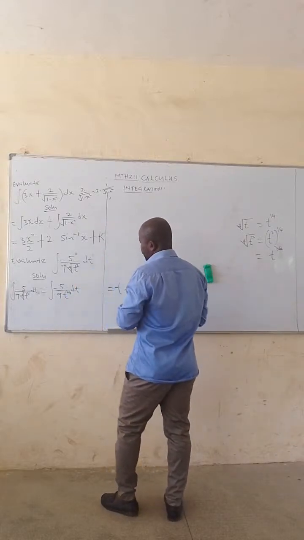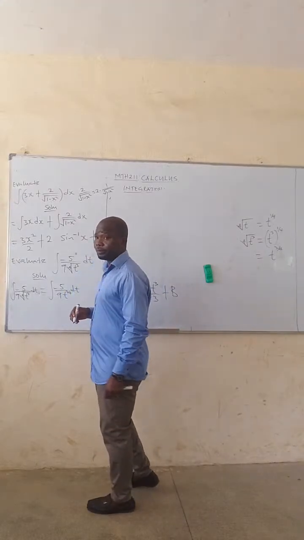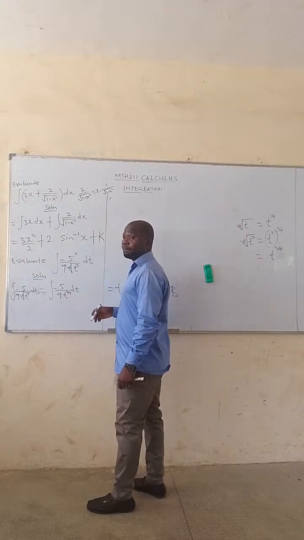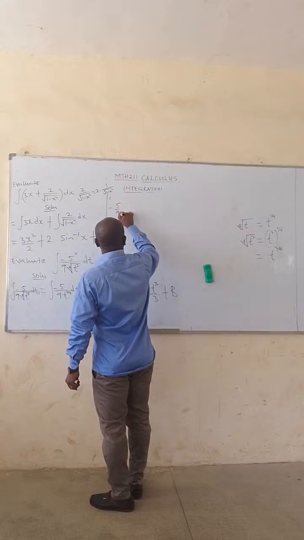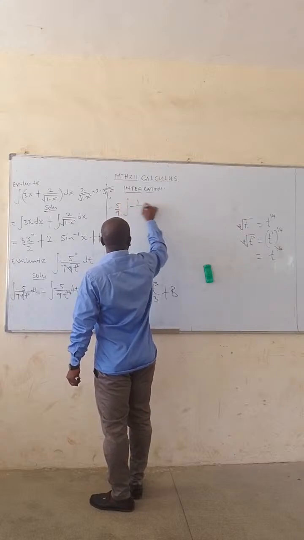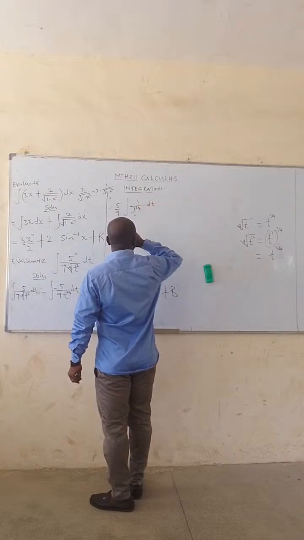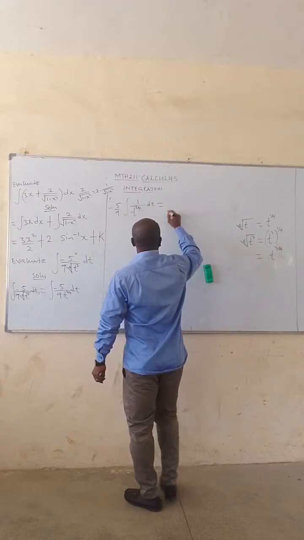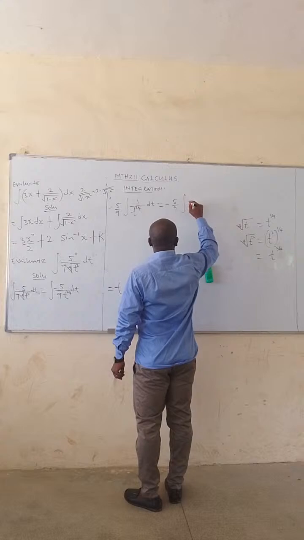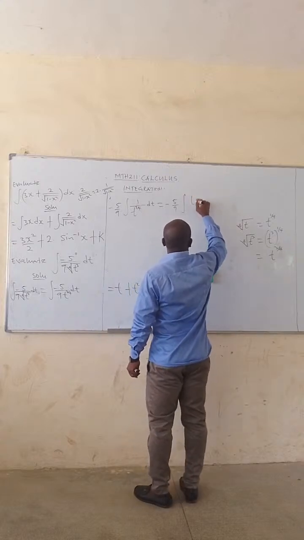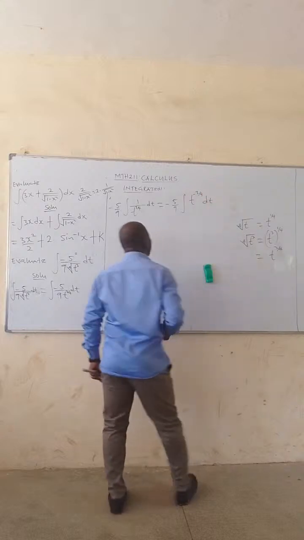What is this in here? The constant here. Minus 5 all over 9 integral 1 all over t raised to the power of 3 all over 4 dt, right? So we can still rewrite this in this form: integral t raised to the power of minus 3 all over 4 dt, right?